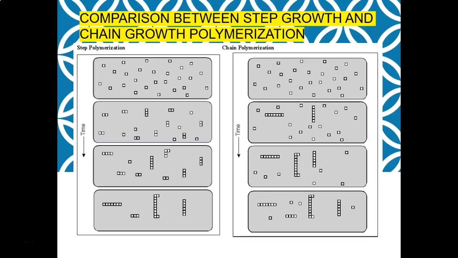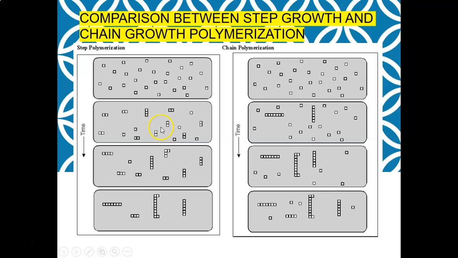This illustration shows the comparison between step growth and chain growth polymerization. As we can see in the first figure, here is the reaction of the monomer for step growth. It does not require an initiator. For chain growth, it requires an initiator to react with the monomer.